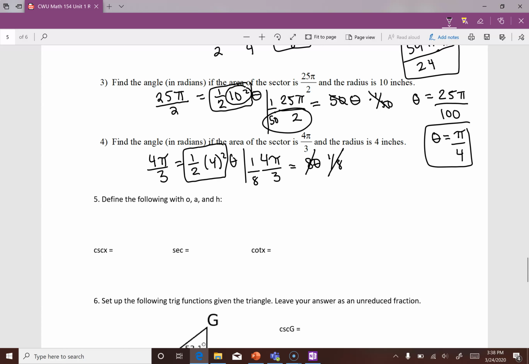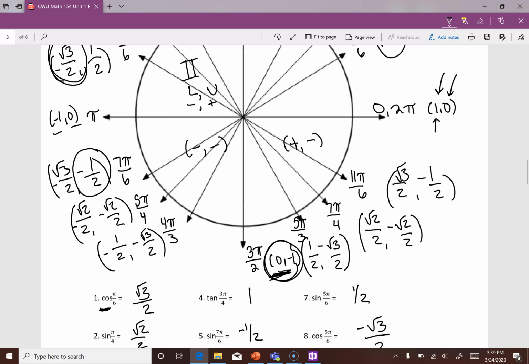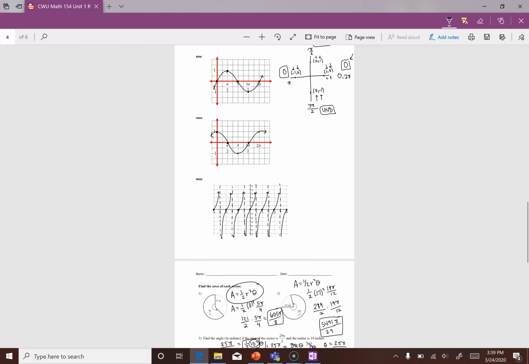My 8 and my 1/8 cancel, and I'm left with 4 pi, and 8 times 3 is 24.